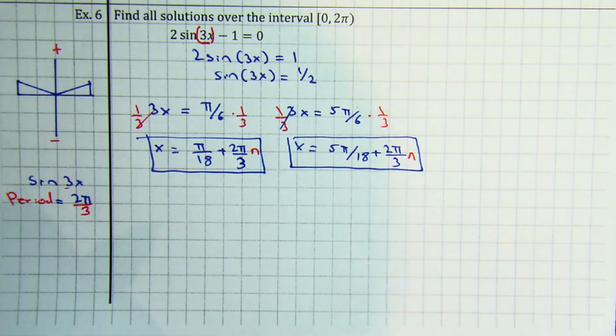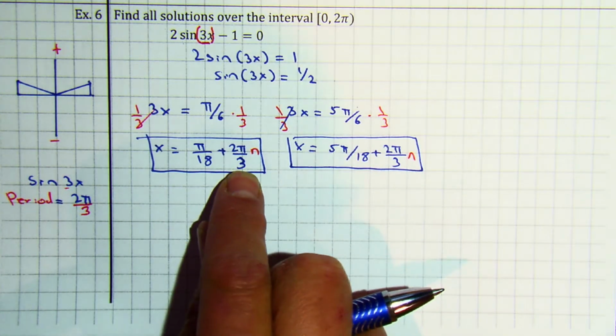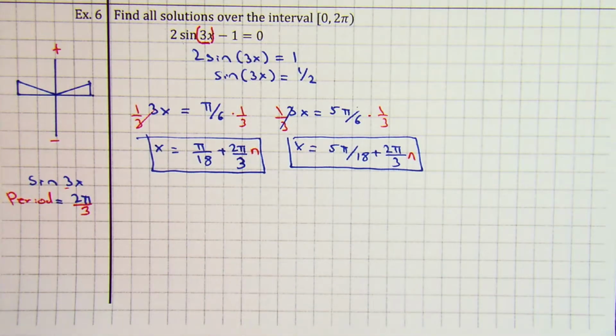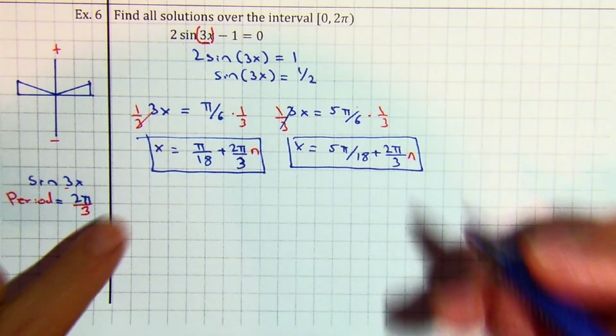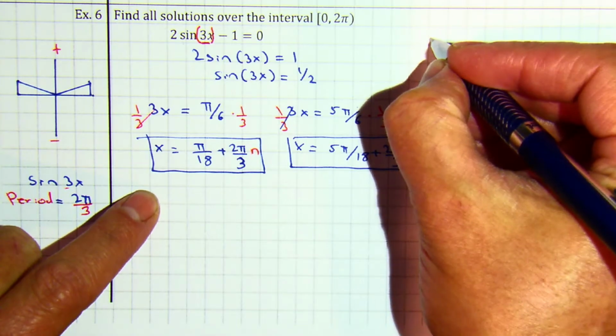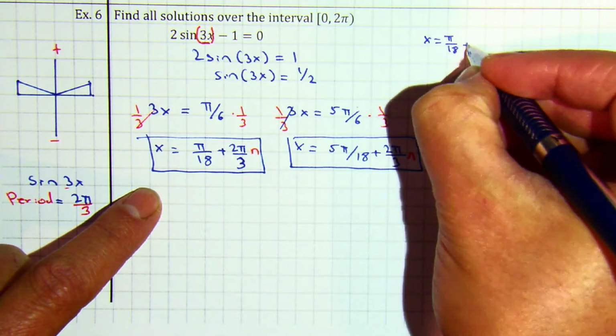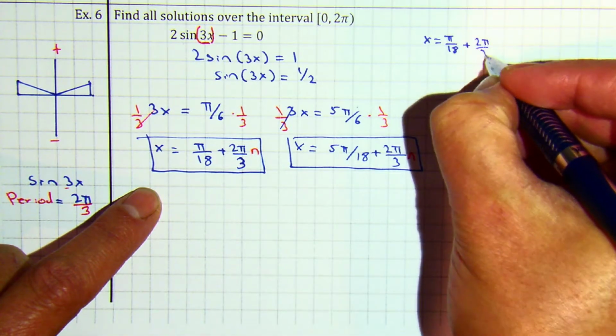So we're going to plug in a 0, and a 1, and a 2, 3, until we get to 2 pi. So let's start. x equal to pi over 18 plus 2 pi times 0.